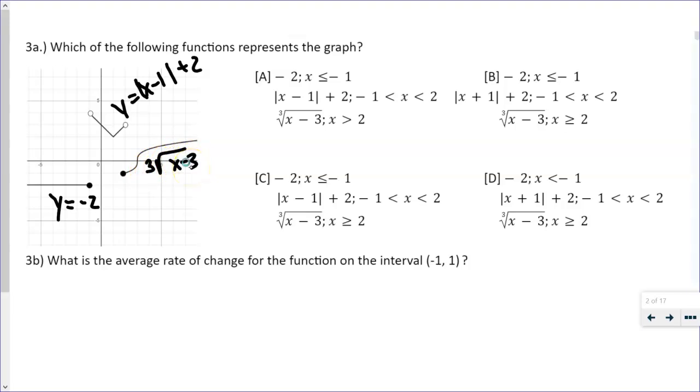Okay. Now, I noticed that my linear function right here, when y equals -2, has a closed circle, which means that my x is going to have an equal sign in it, and it is to the left of my circle.